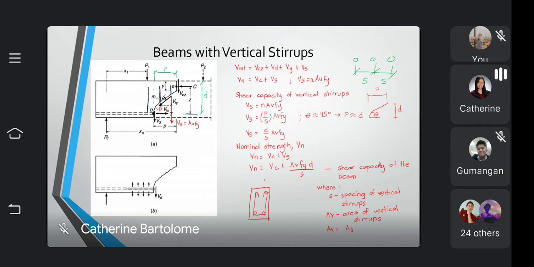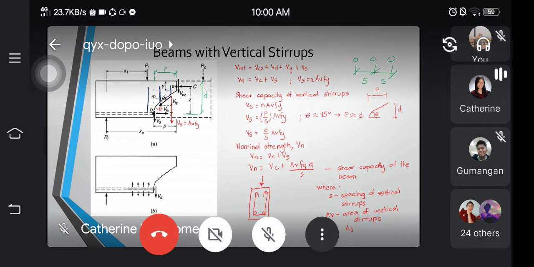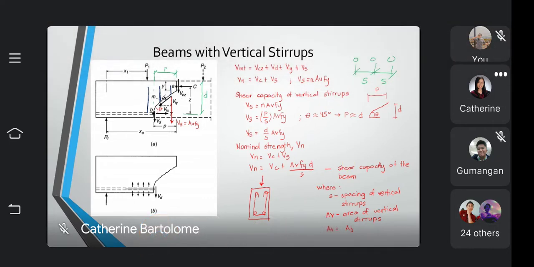Okay, so if you have a force here, what resists it? Is it the main reinforcement or the stirrups? The main, ma'am. Main? Are you sure? Both, ma'am.